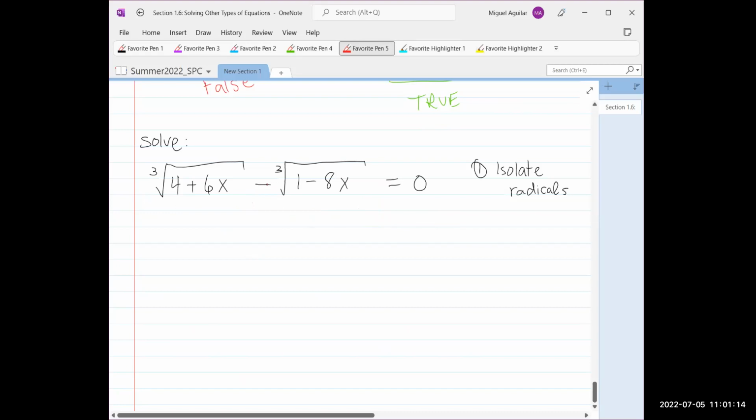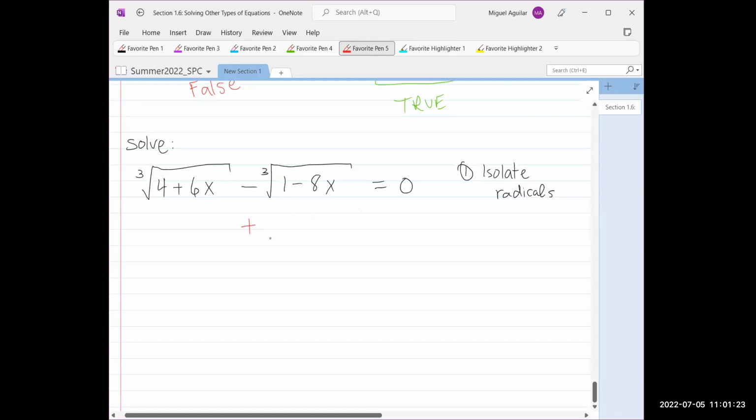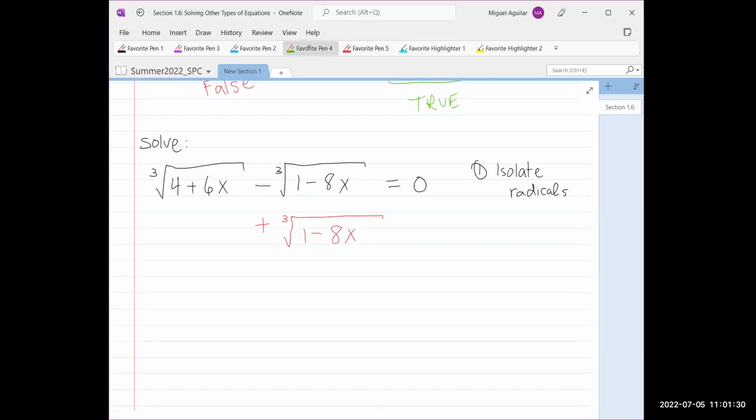Because if this is a minus sign in between the 2 radicals, then we can cancel out the radical by simply adding it to both sides of the equation. So it doesn't matter what's inside the radical. I want you to think about this as a big chunk of information.